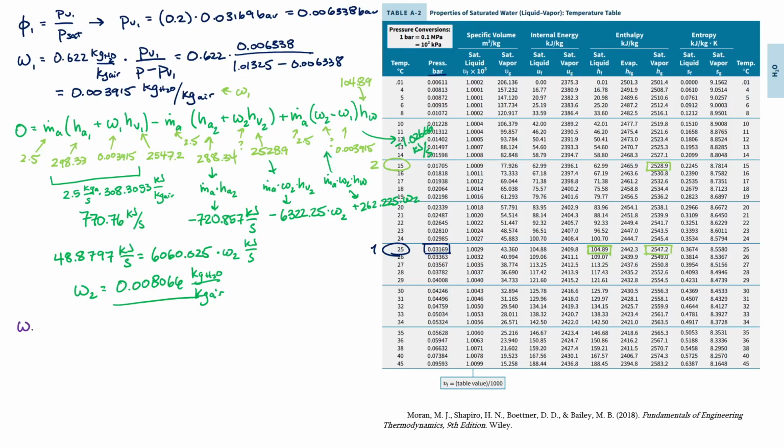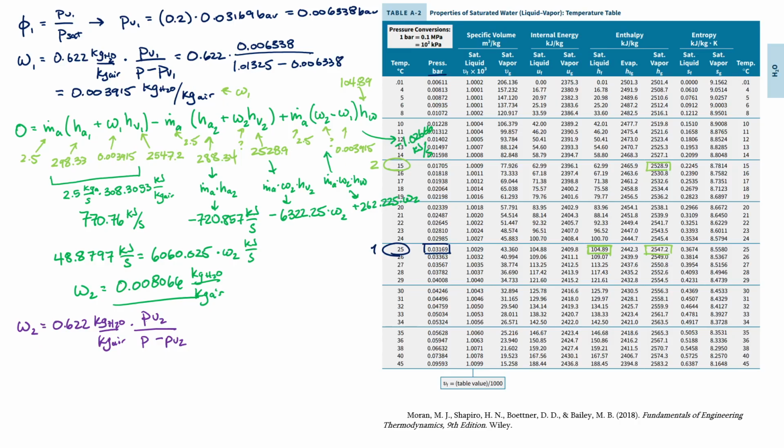Okay, so omega 2 is going to be equal to 0.622 kilograms water per kilogram air times my partial vapor pressure at 2 divided by my total pressure minus my partial vapor pressure at 2. I want this PV2 term. I have my pressure. I have my omega 2.